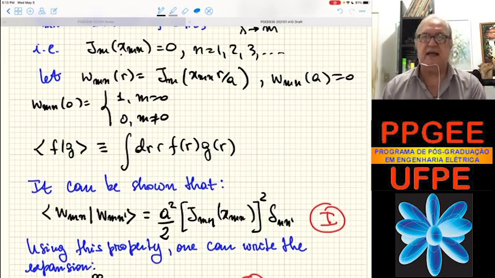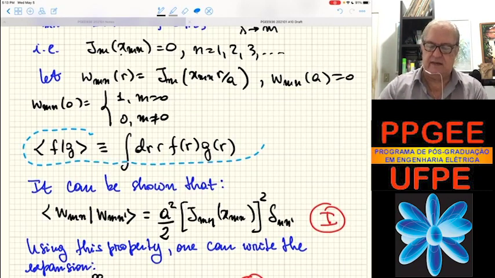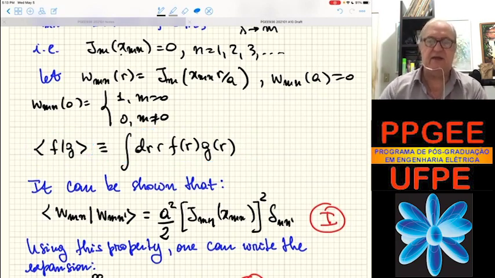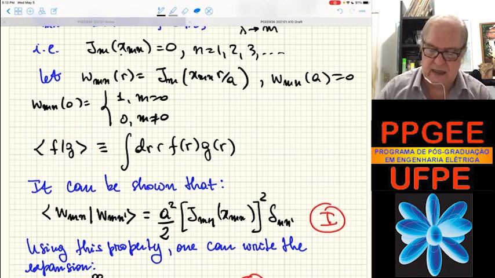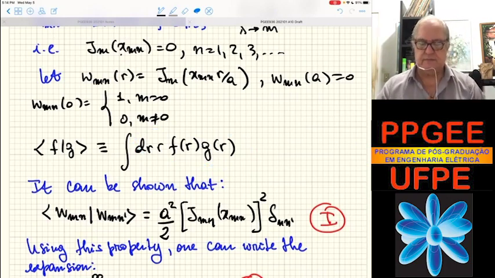So we have an orthogonality property of those w functions. We define the scalar product in function space in the r domain as this definition here, f with g, f and g real functions, equal to this integral.